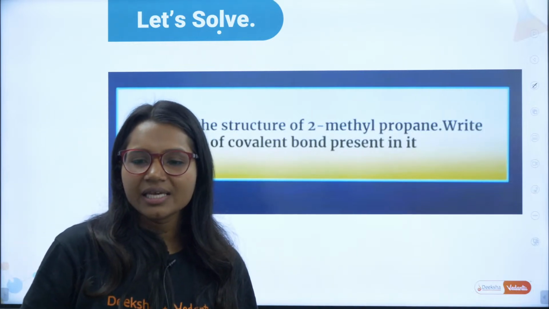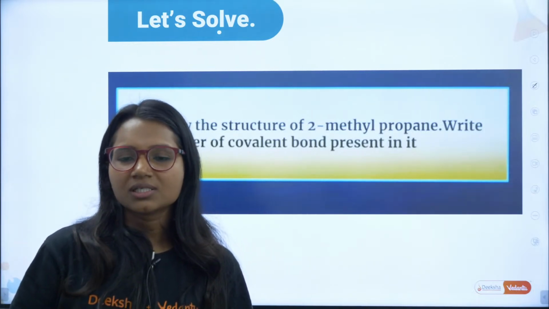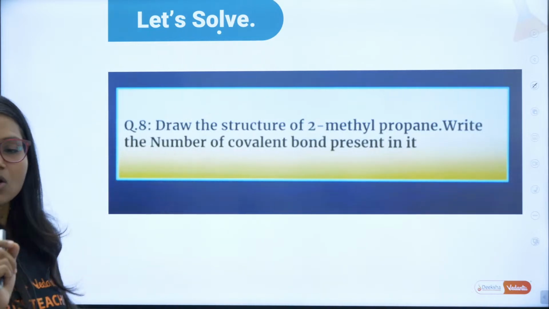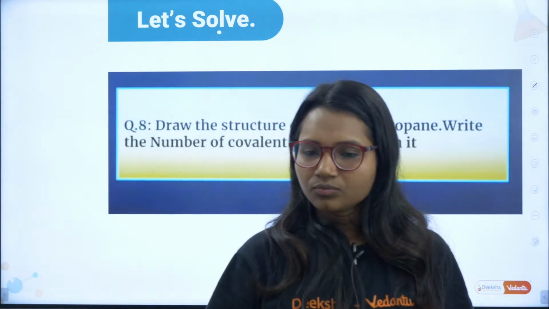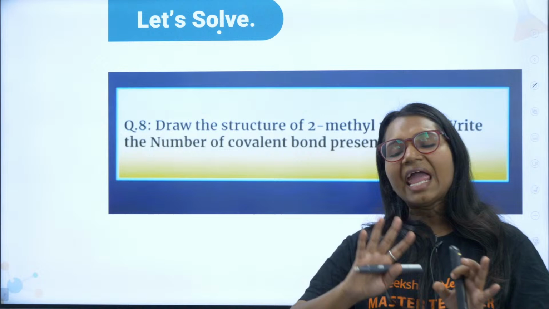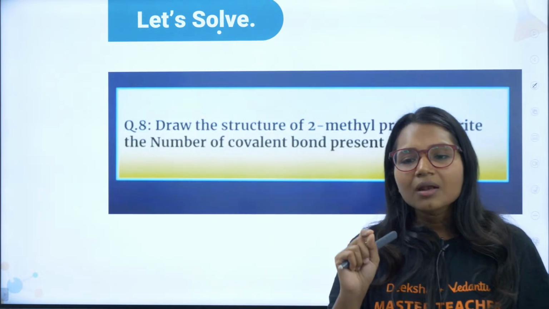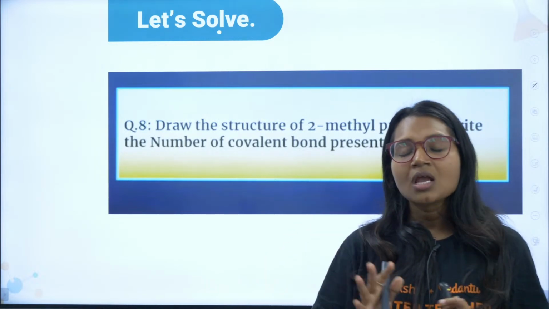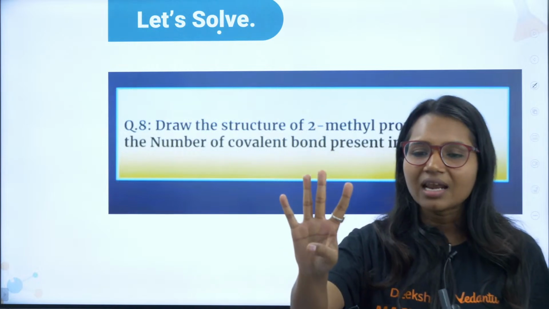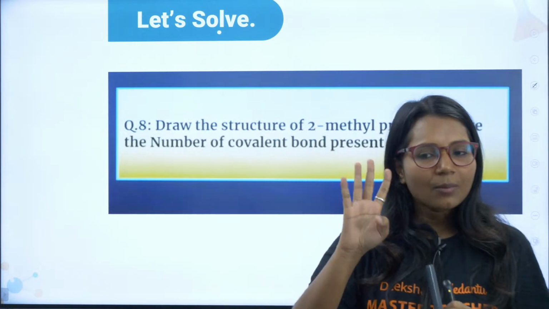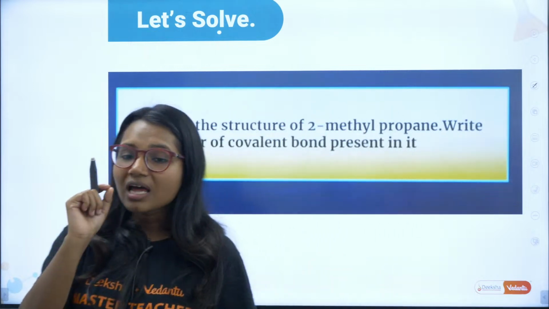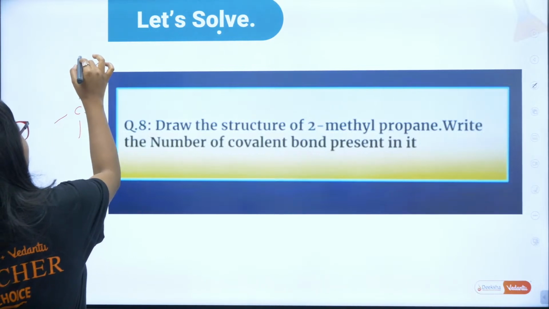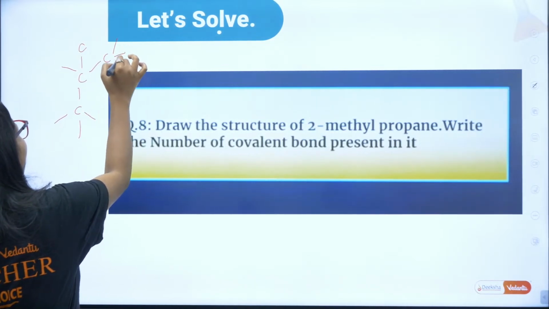Ma'am, if diamond valency is 4, how can it form 3 bonds? My dear Amrut, just listen to me. Whether it is diamond, graphite, fullerene, or any allotrope of carbon, it is carbon only. Carbon has 4 valence electrons. In case of diamond, carbon is forming 4 bonds.